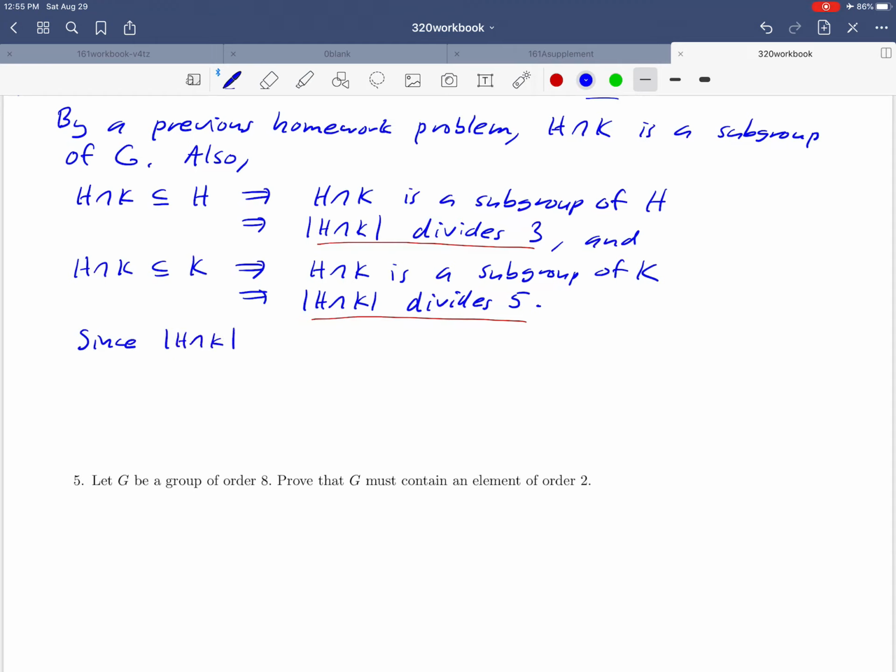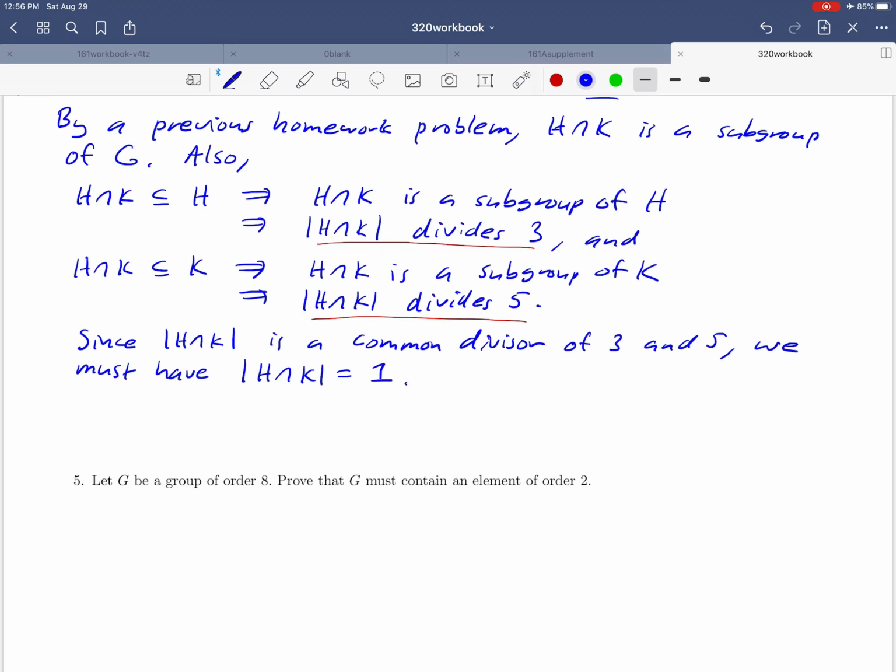Since the order of H intersect K is a common divisor of both 3 and 5, we must have the order of H intersect K being equal to 1.